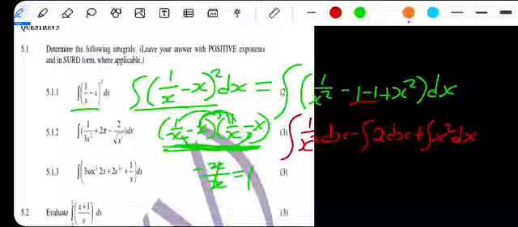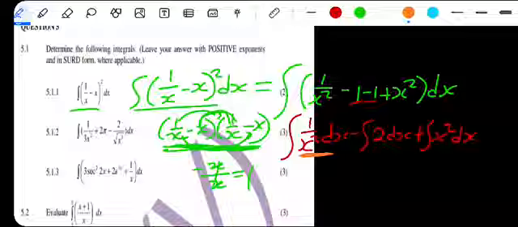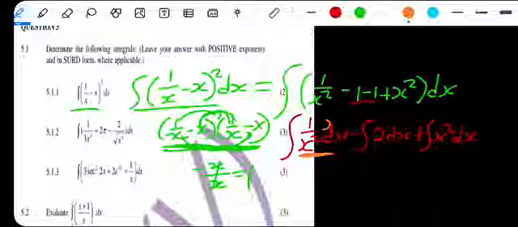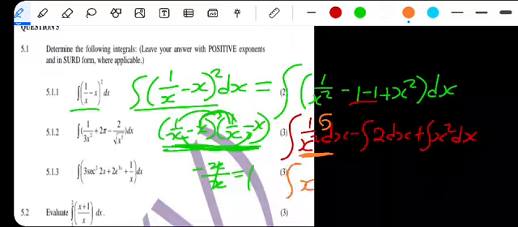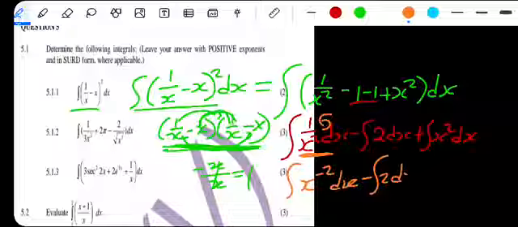Before you integrate, rewrite that a little bit. You can take this to the top, you'll have the integral of x to the minus 2 dx, minus 2 dx, plus the integral of x squared dx.